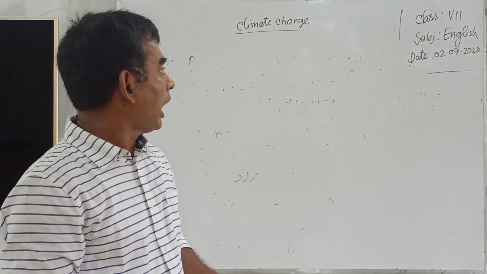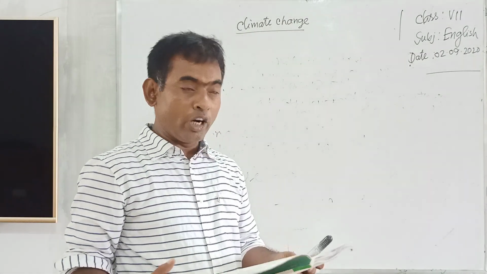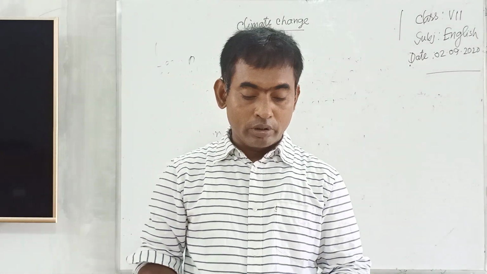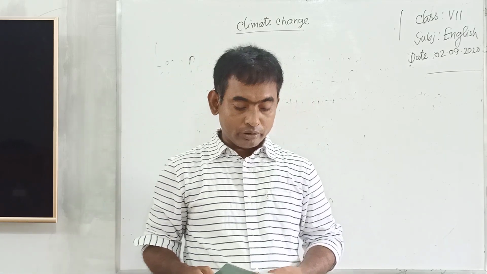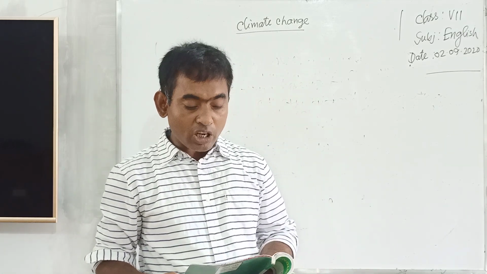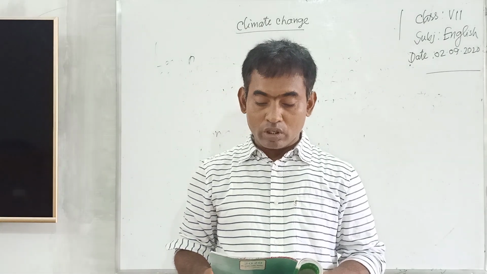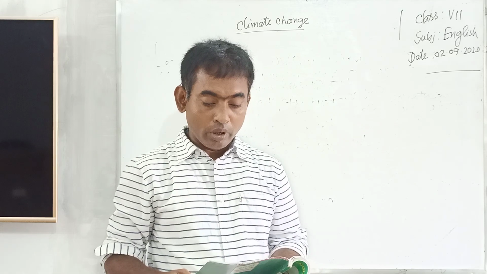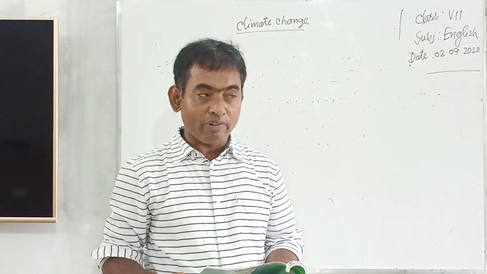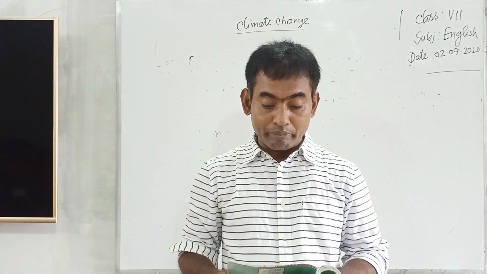Unit 9, lesson 3, the greenhouse effect. Students, listen to me very carefully. A greenhouse is a house made of glass. It has glass walls and a glass roof. People grow vegetables, flowers and other plants in them.